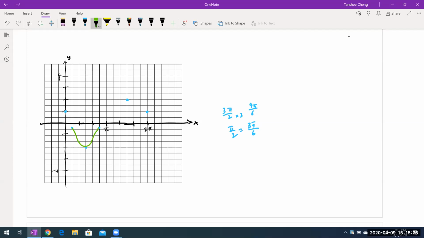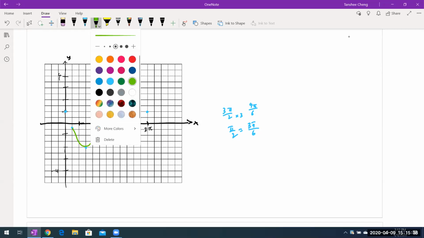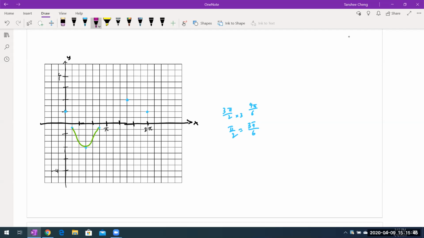Okay. So notice that there are points of inflection that we have. And after that, we're going to have concave down on the rest of it. So how do we draw concave down on this part? Let me use a different color right here. So this portion from 0 to pi over 6 is concave down, which is going to be this part right here.